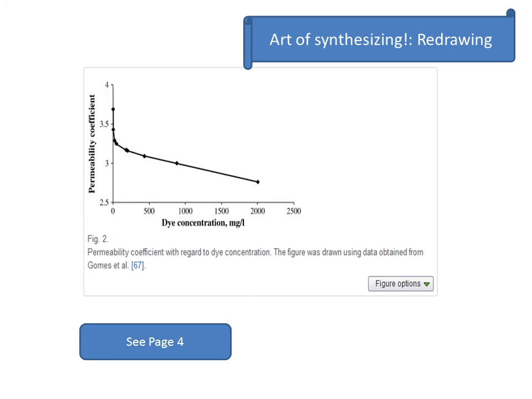Finally, okay, redrawing. Okay, this is interesting. If you visit the real reference, which is Gomez et al., you cannot find this graph.